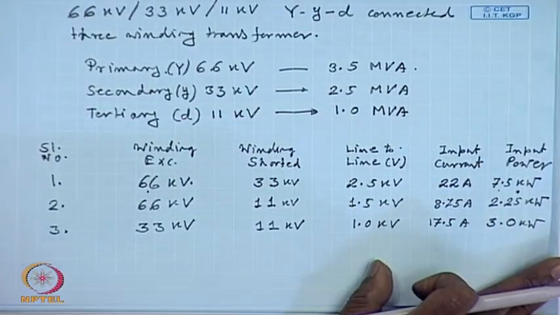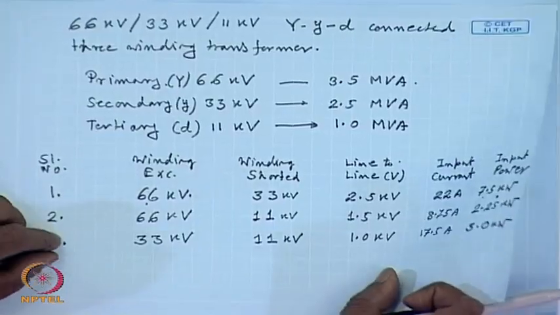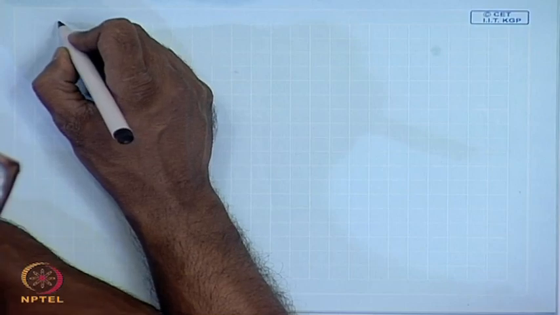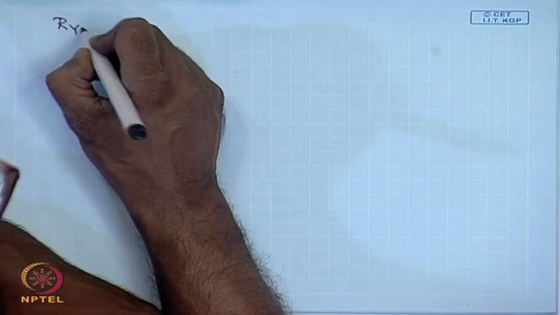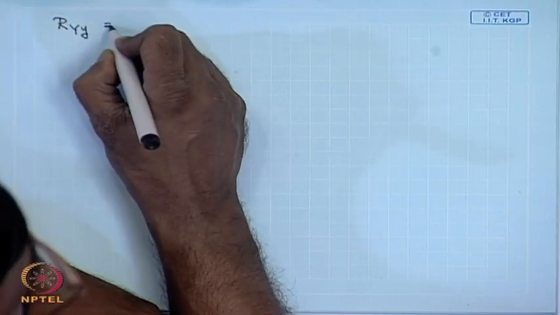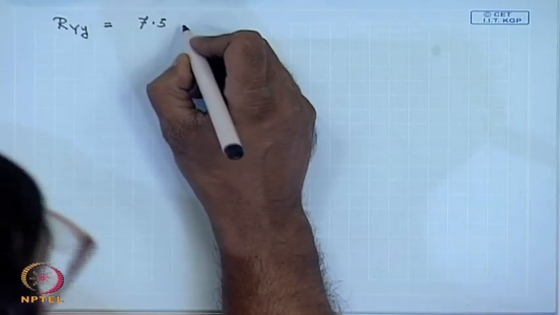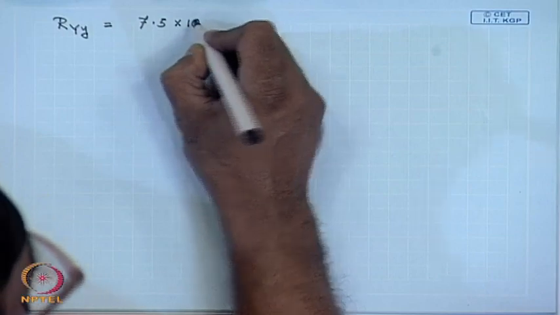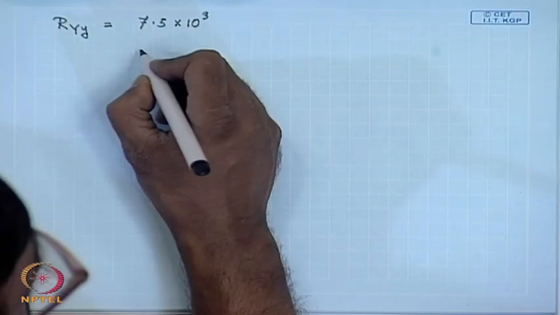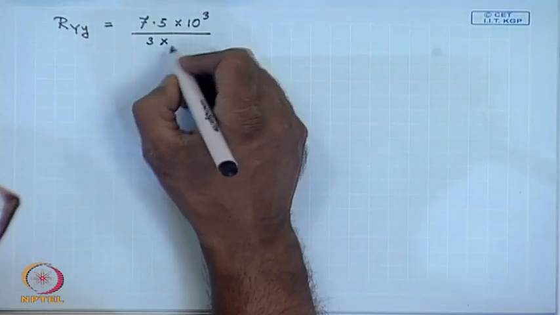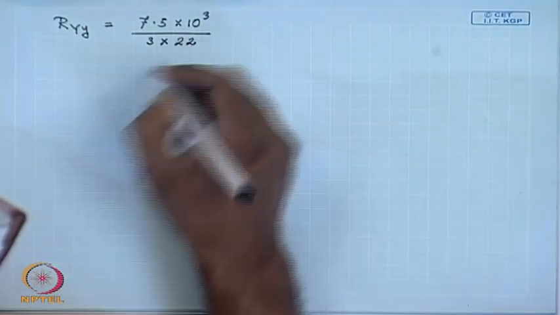So, the equivalent resistance of the 66 kV and the 33 kV windings referred to the 33 kV side will be, let us call it RYY. This should be equal to 7.5 into 10 to the power 3 divided by 3 into the circulated current is 22 amperes.